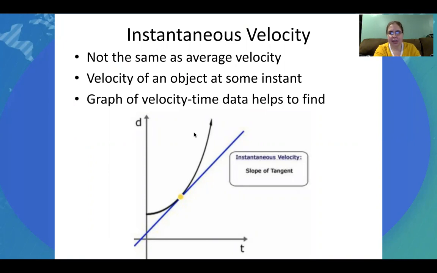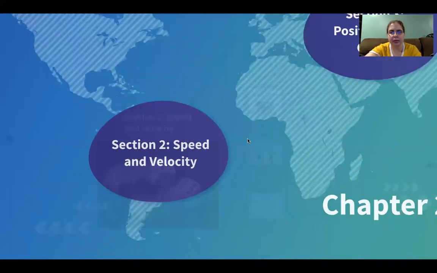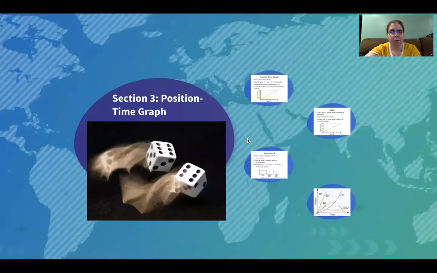So a lot of times velocity time graphs would help to figure that out, looking at slope. I'm not going to ask you a whole lot about instantaneous velocity right now. A lot of times when I have you calculate it, you're going to be looking for the average velocity. But it is good to know about instantaneous velocity.